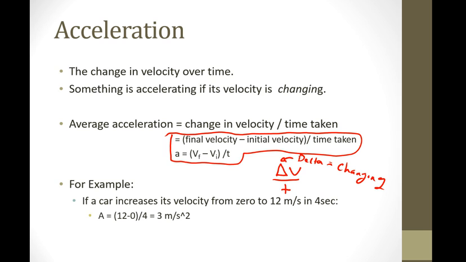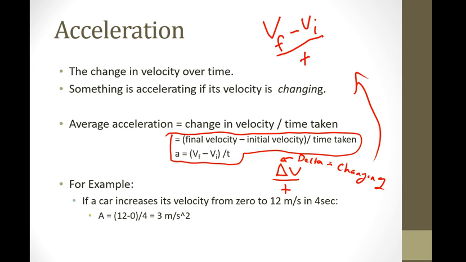If you want to write this out as an equation, and I'm going to go ahead and put this up here, we're always going to take our final speed, or v sub f, velocity final, minus our initial speed, velocity initial. And then we're going to divide that by how long that change took place. So a = (v_f - v_i) / t.